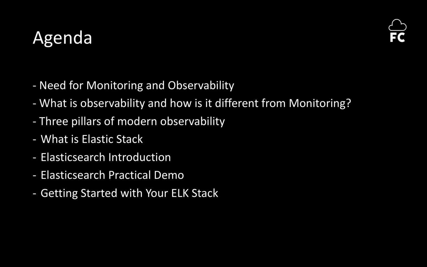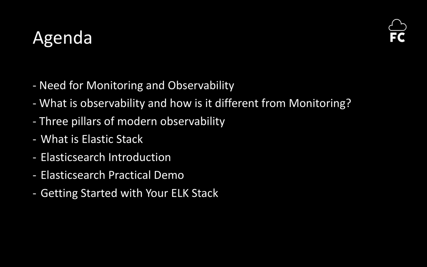Let's quickly go through the agenda. The topics we'll discuss are the need for monitoring and observability, what observability actually is and how it is different from monitoring. We'll talk about the three pillars of modern observability, and then look at one of the technologies called Elasticstack, with a little introduction to Elasticsearch, followed by a demo.